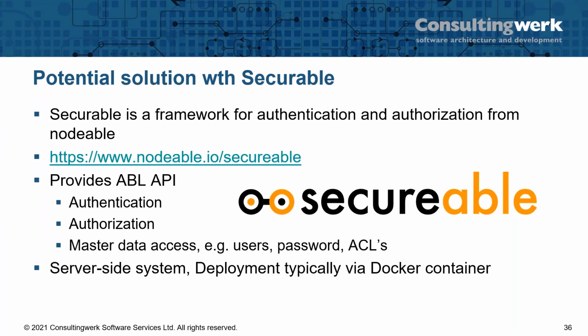It provides ABL APIs to issue authentication requests to Securable. It also has a lot of functionality for authorization, and Securable has APIs that allow us, from the ABL side, to modify the master data used for the authorization or authentication. It's a system typically installed on the server, integrated then with the app server, PASOE for instance, and could be deployed via Docker. I think that's Securable's preferred way of deploying it.